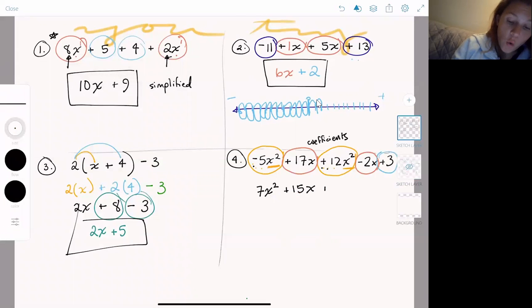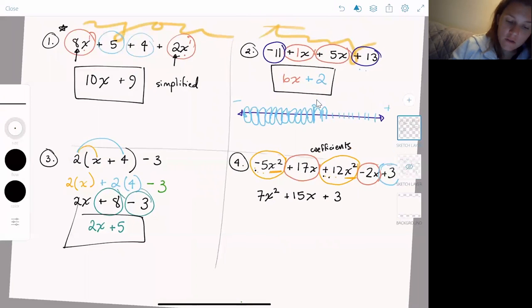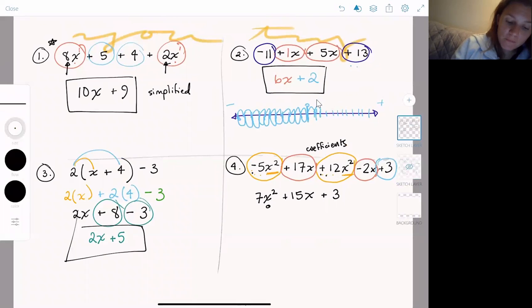There are no like terms. And so when I look here, my first term has an exponent of 2. My second term has an exponent of 1. And my third term does not have a variable or an exponent. And this is the simplified answer.